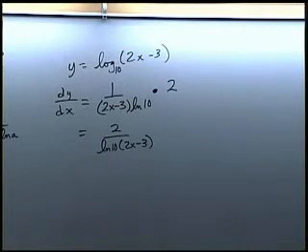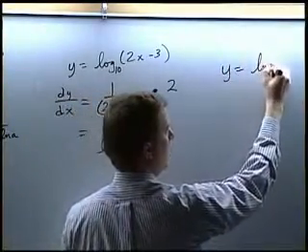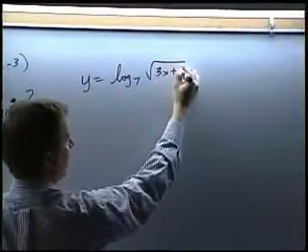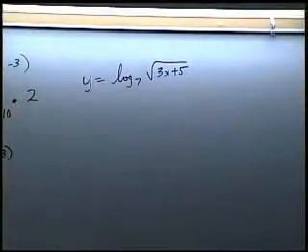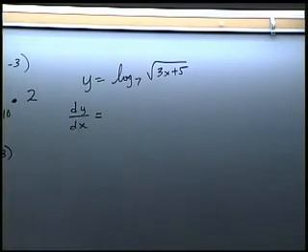Let's just do one more with a logarithm. Logarithm base 7 square root 3x plus 5. All right, where do I start taking this derivative?